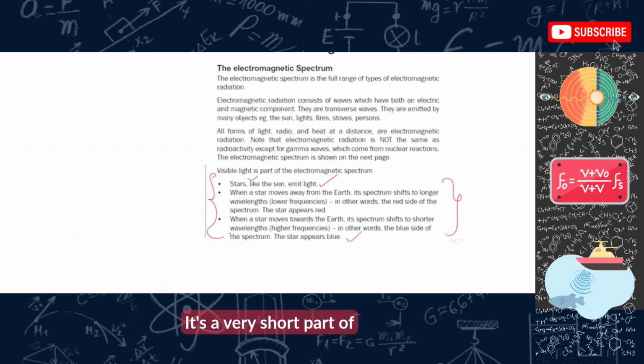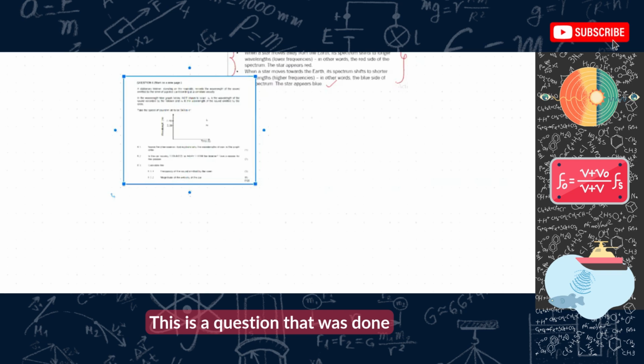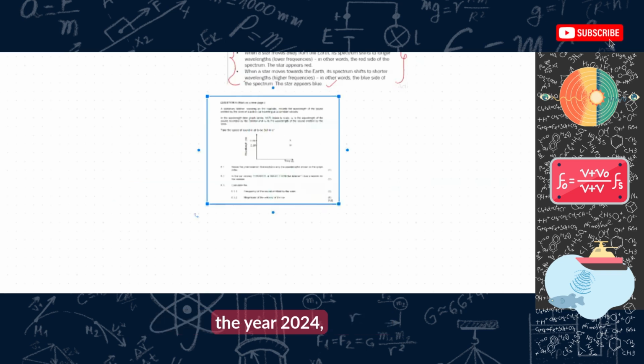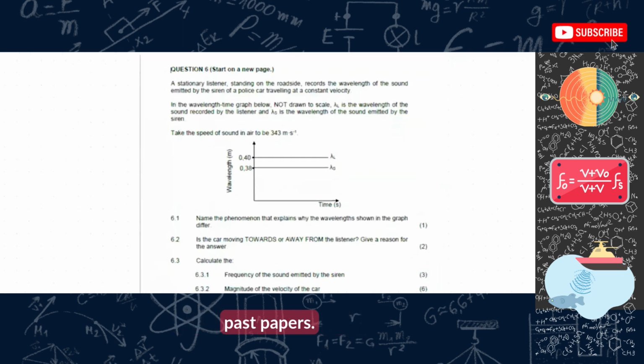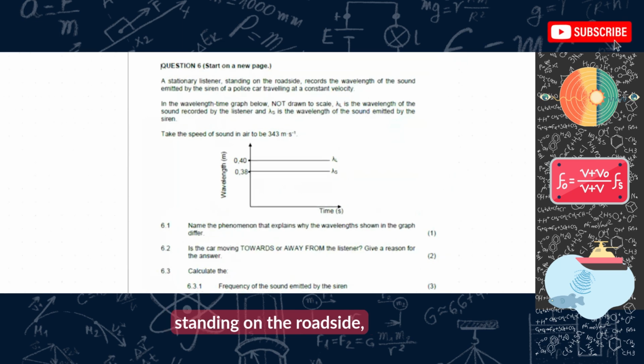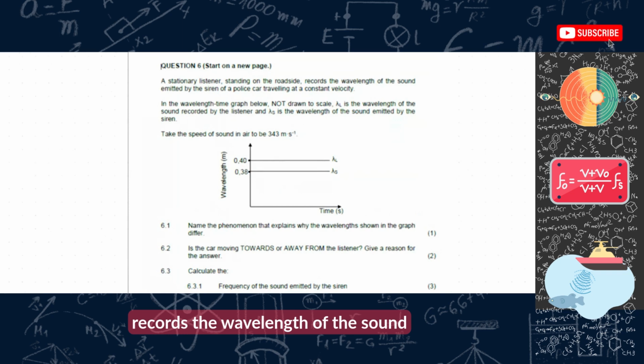It's a very short part of physical science. This is a question that was done in the year 2024, last year, in the November past papers. It says: a stationary listener standing on the roadside records the wavelength of the sound emitted by a siren of a police car traveling at a constant velocity.